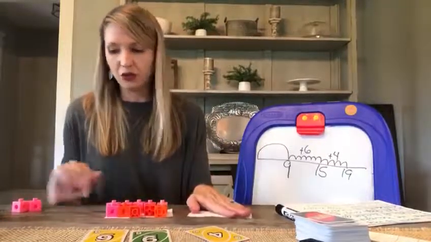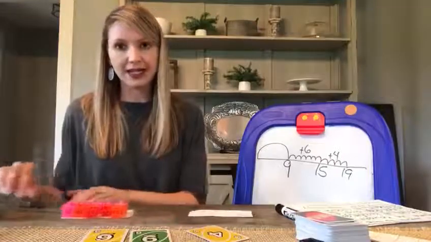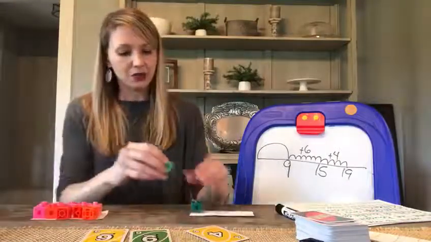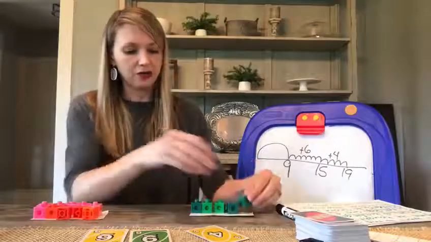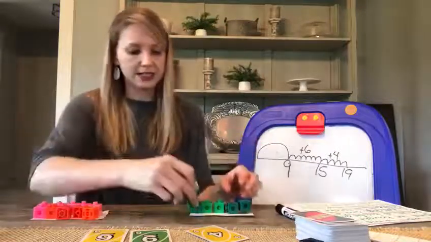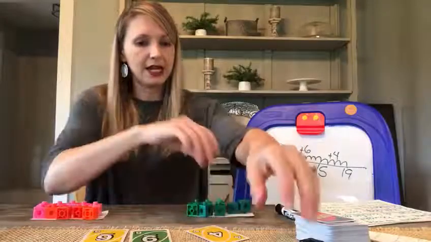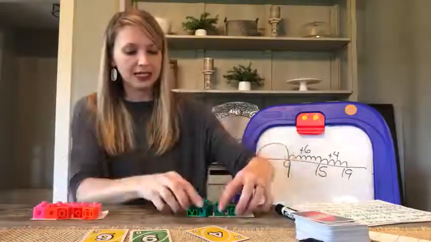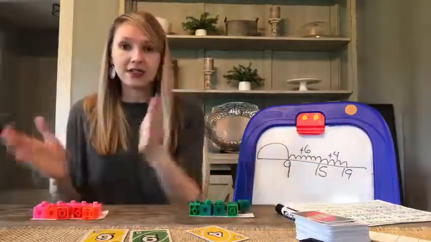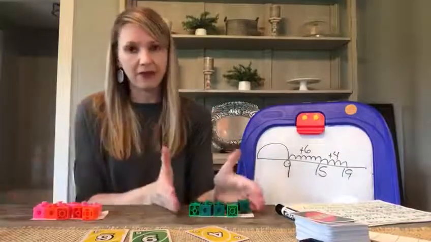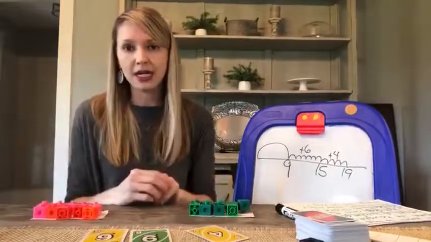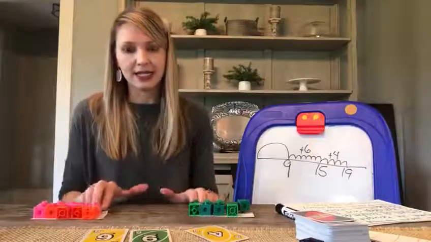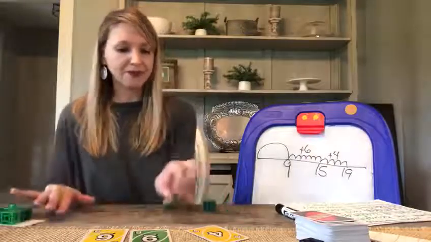And then I move on to this one where I need 9 of them. So 1, 2, 3, 4, 5, 6, 7, 8, and one more is 9. Okay, so I've got 1 tens frame full. I've got 9 over here. So 10 and 9 more is how much? 19. Yeah. Right.